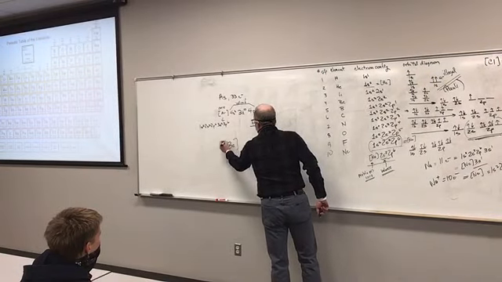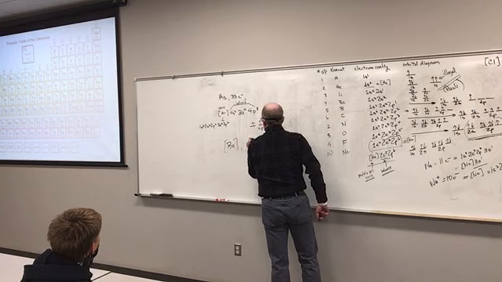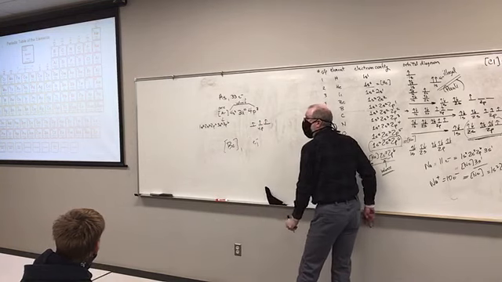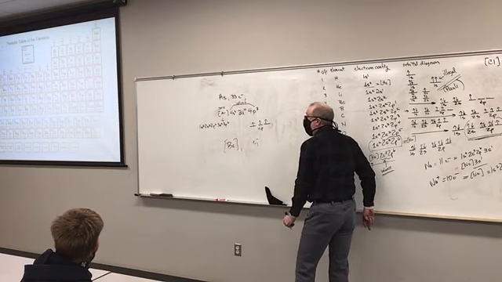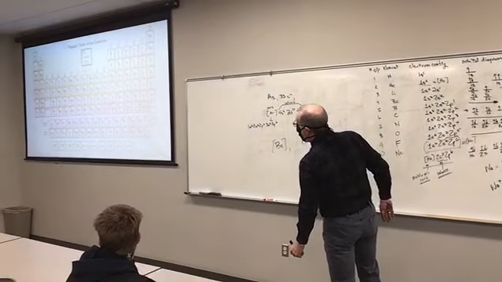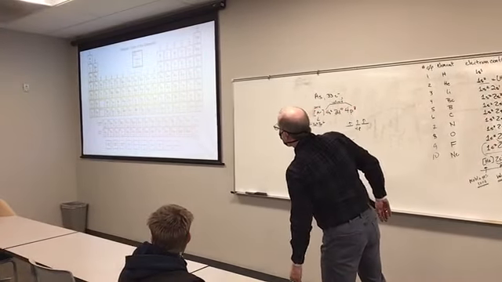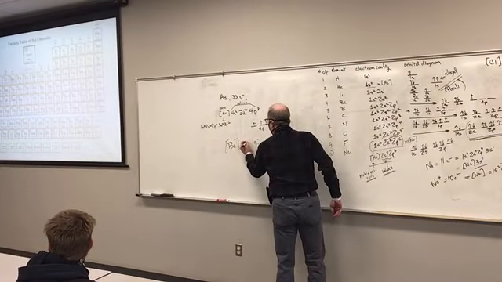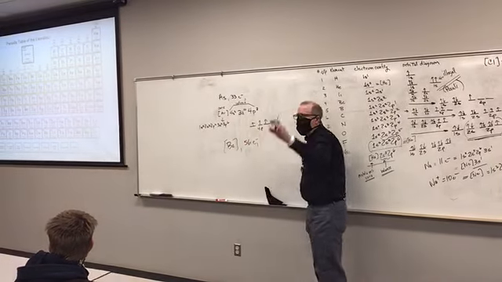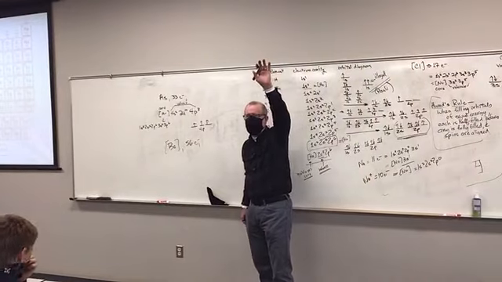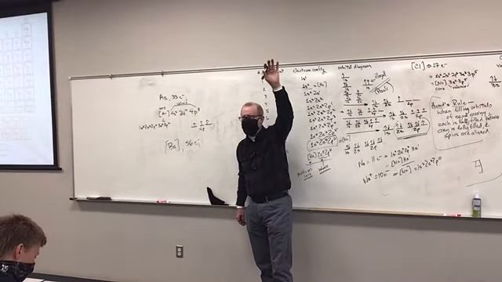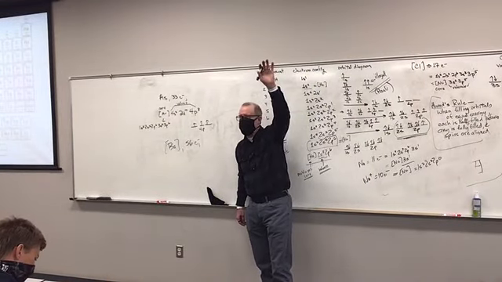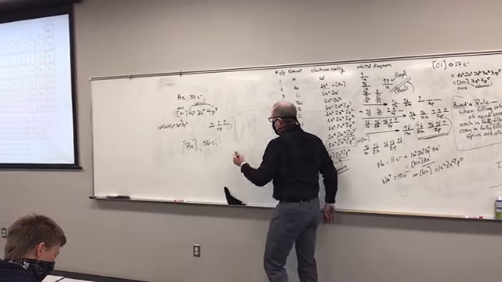One more. Barium, how many electrons? You should be able to count 56. 56 electrons. Who wants to write out the full configuration for barium? Yeah, me either. My hand's just up because I have to demonstrate. Where is it?